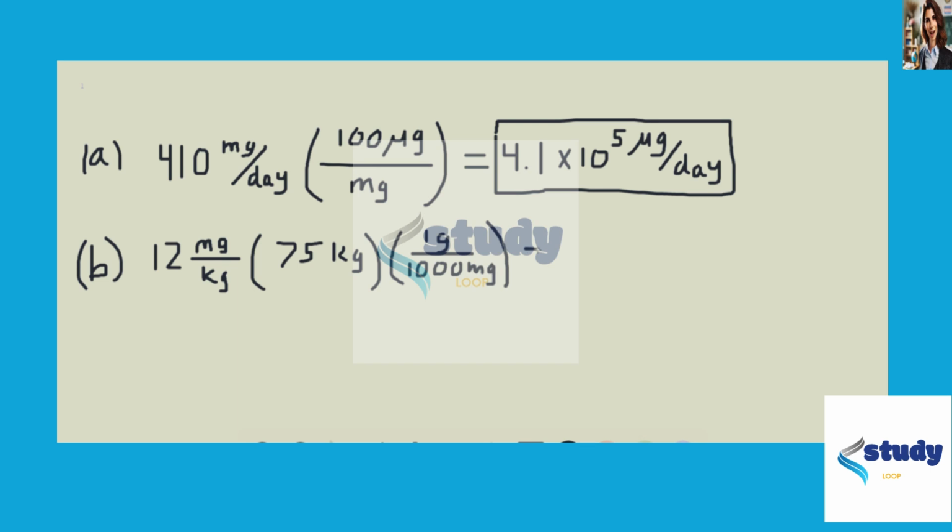So now we can convert this into how many grams they would need per day. So 12 times 75 divided by 1,000 comes out to be 0.9 grams. And that's every day, so that would be grams per day. And we can box that in as our solution to B.